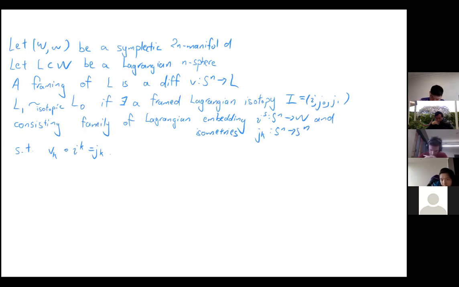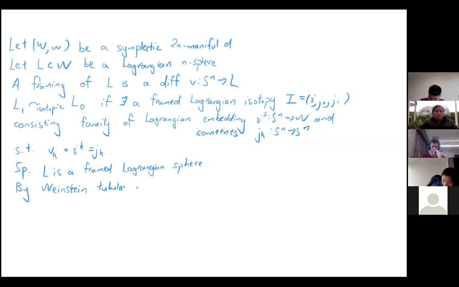And then suppose L is framed. So you have a Lagrangian sphere and then you got its framing. Then you can look at the Weinstein tubular neighborhood. You can go and find the Sn inside your Lagrangian sphere.